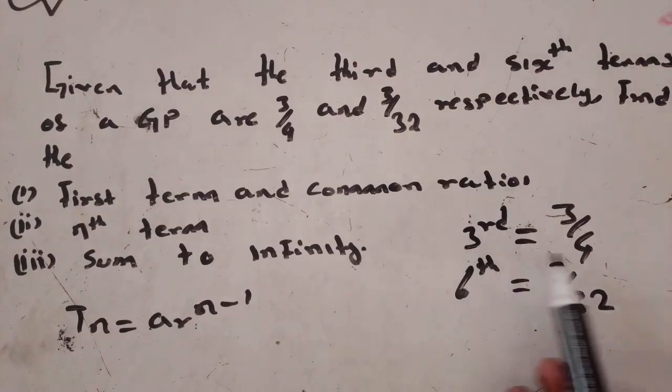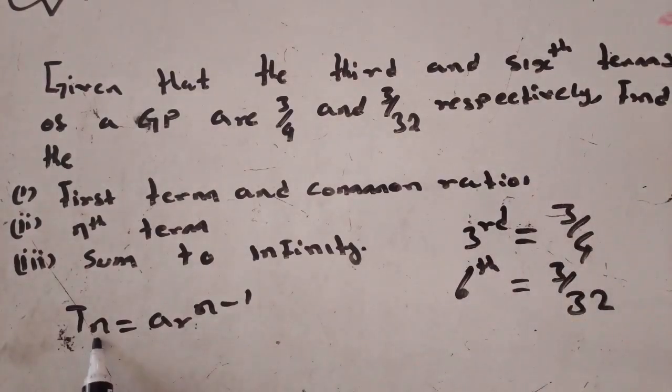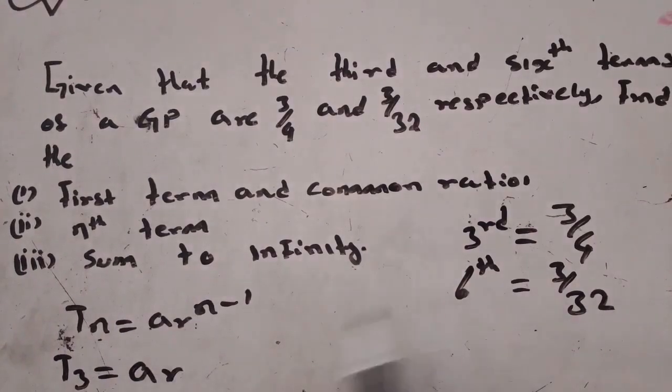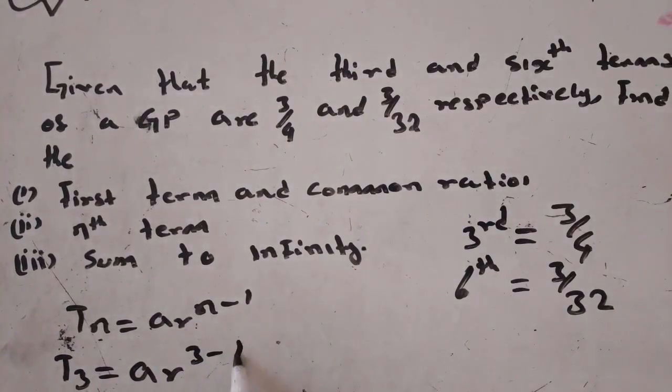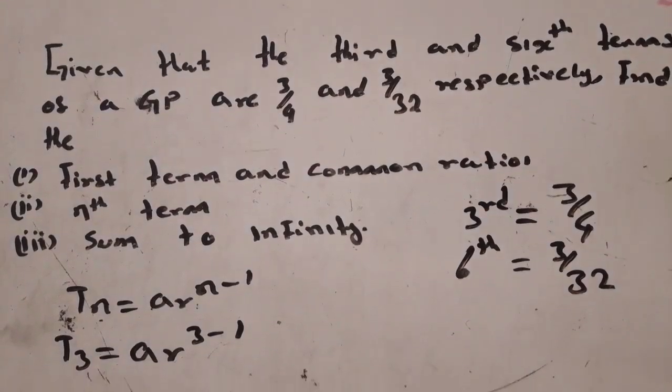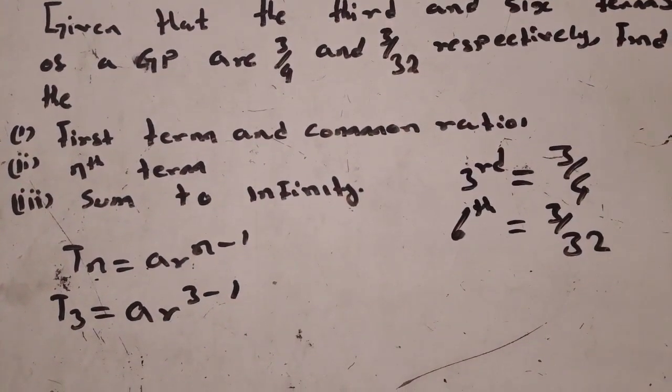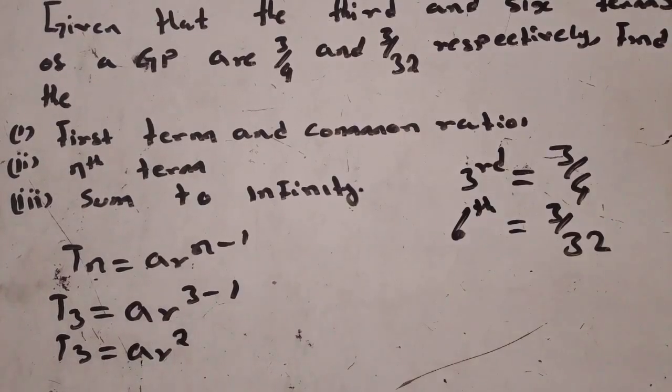So we're going to have T3 is equal to ar squared. This is the formula for the third term.